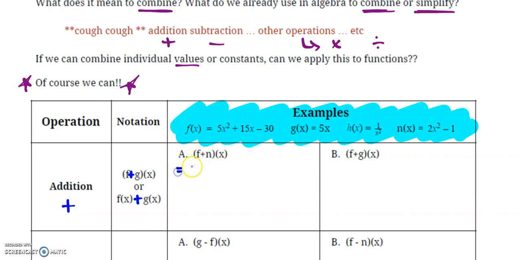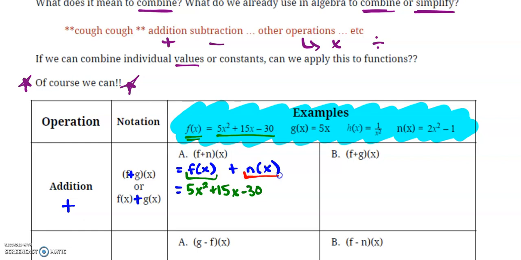That means take whatever function is f of x and add it to whatever function is named n of x. The function named f of x is really 5x squared plus 15x minus 30.